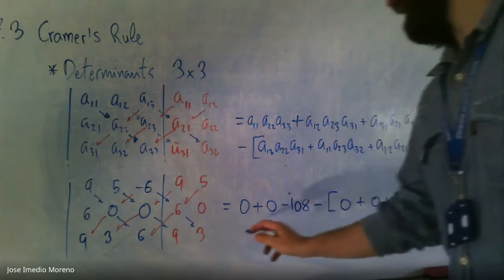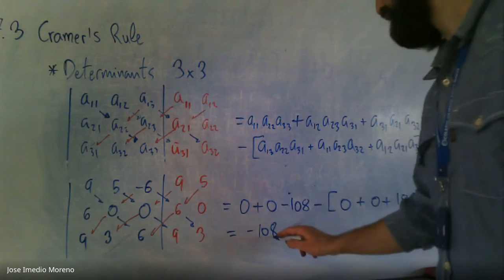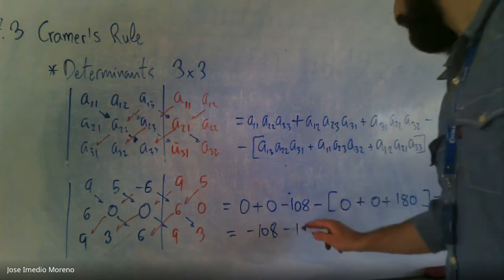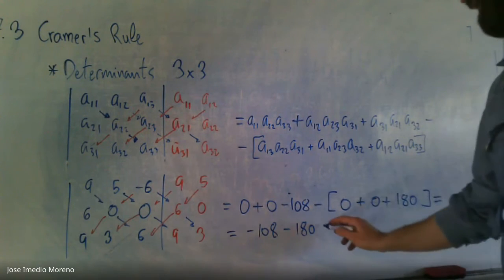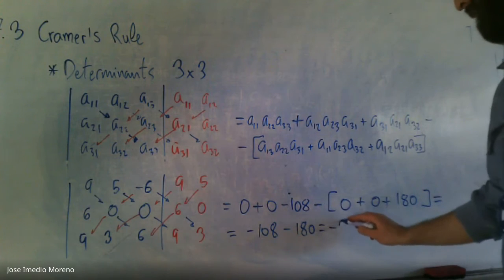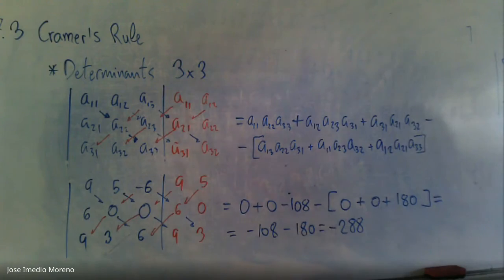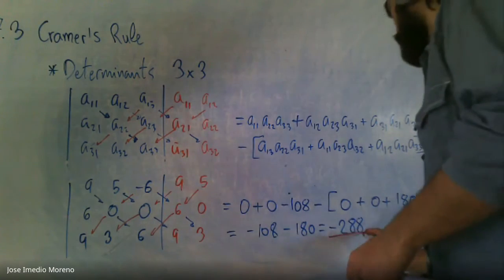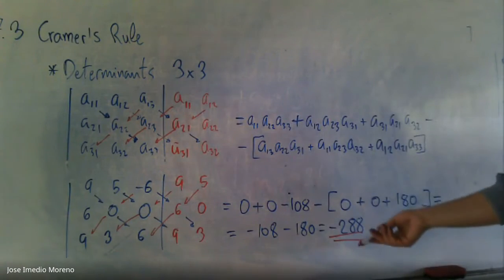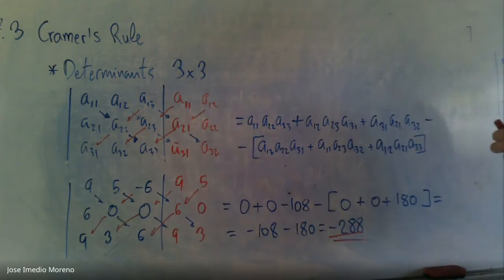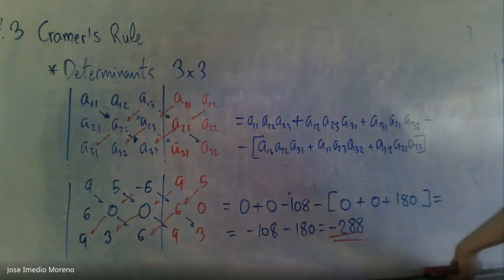And now I compute this, which is minus 108 minus 180, minus because there's a negative sign here. This gives me minus 288. So this determinant gives me the number minus 288. I'm going to solve a second example.